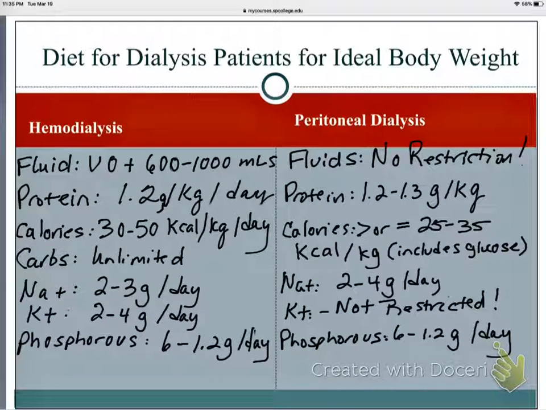Calories is about the same, depending on the size of the patient. But with peritoneal, we do want to watch our blood sugars. So we're going to kind of do a carb control a little bit more. And sodium is almost the same. Potassium is not restricted with peritoneal dialysis. And our phos is about the same.